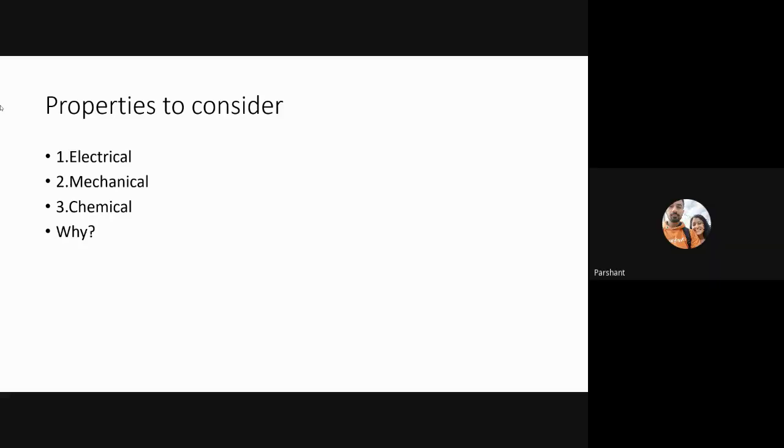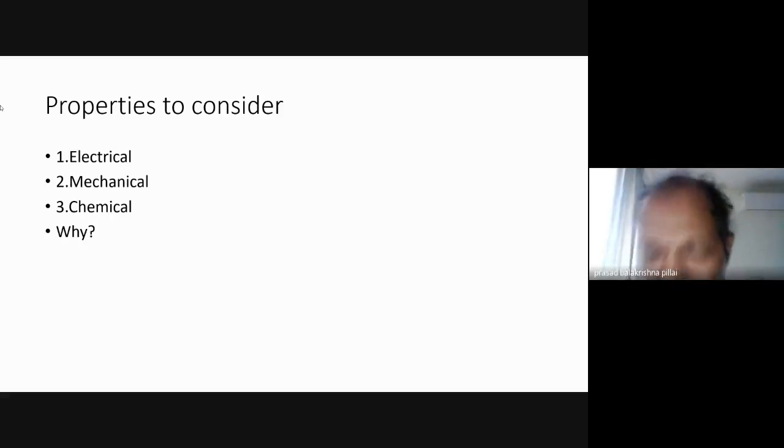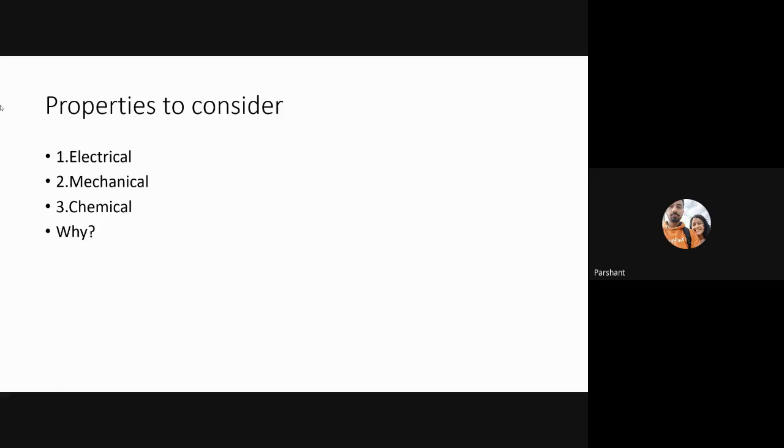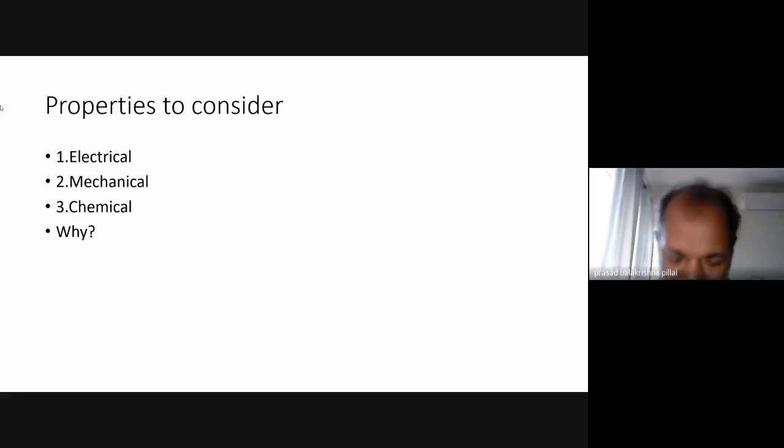Because when we will be processing it, there is a lot of grinding. Yes, that is relevant, but mostly we'll see that we are using MEMS devices actually. There, the elasticity and all those things become very important. So otherwise, what you said is also true.